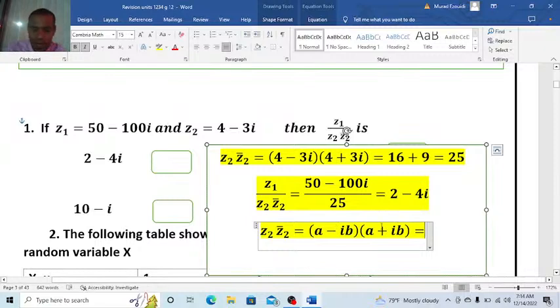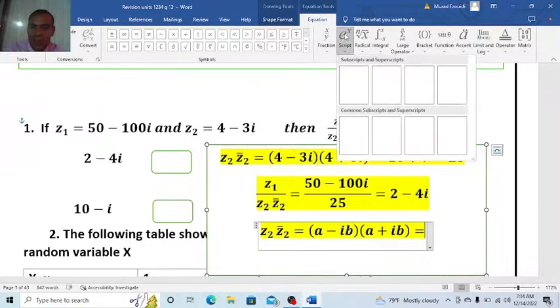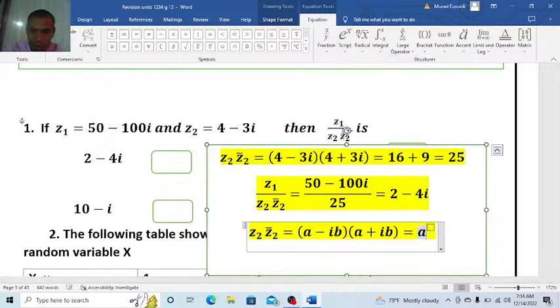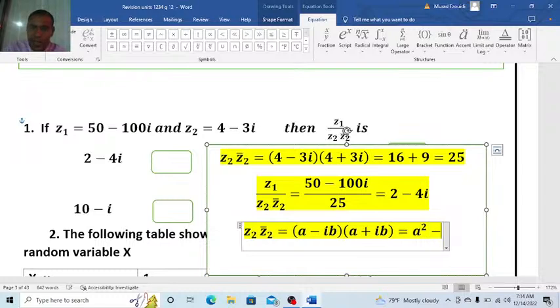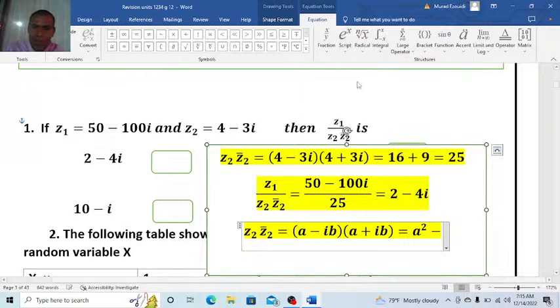It will be the square of a, minus the square of ib.